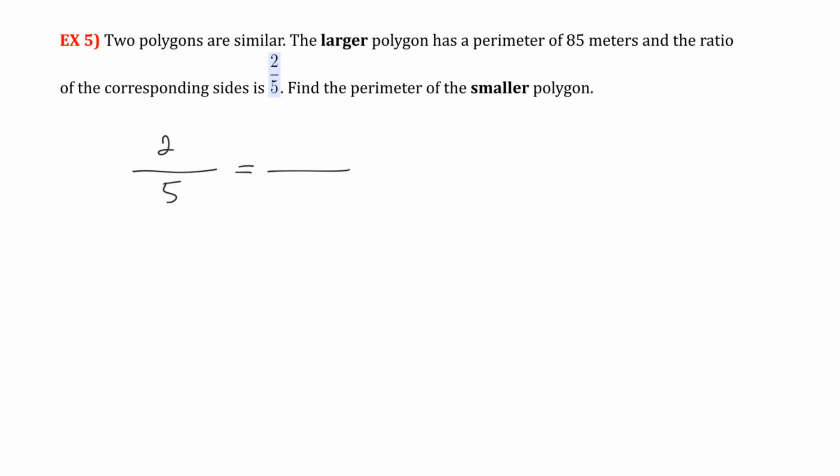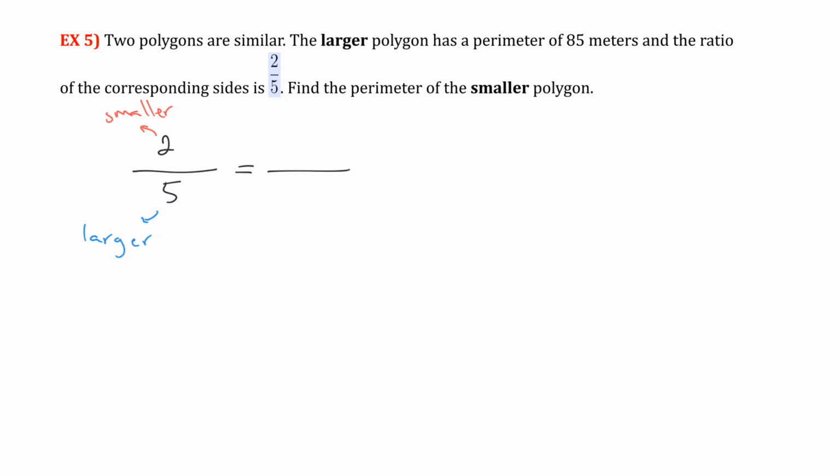So one of these numbers has to represent the smaller polygon and the other number needs to represent the larger polygon. Just through a little bit of logic, because 2 is smaller than 5, this 2 represents the smaller polygon. And so that means that 5 represents the larger polygon.